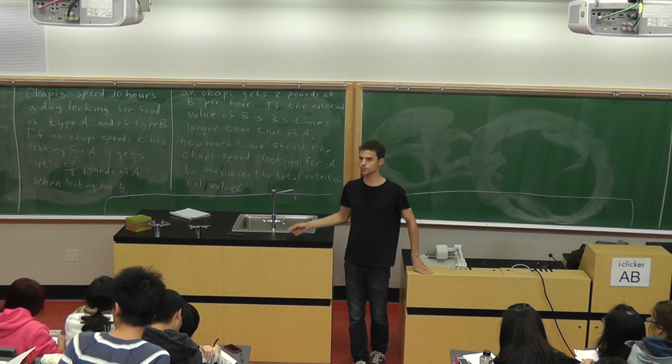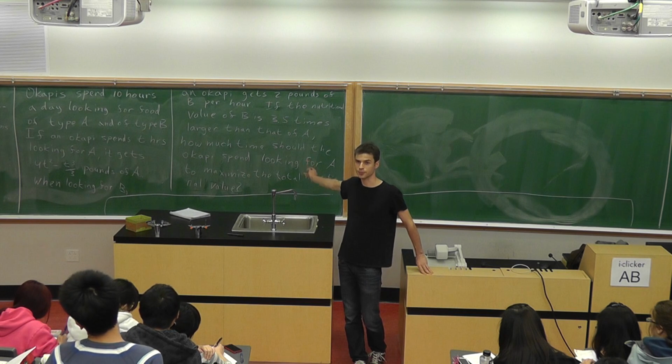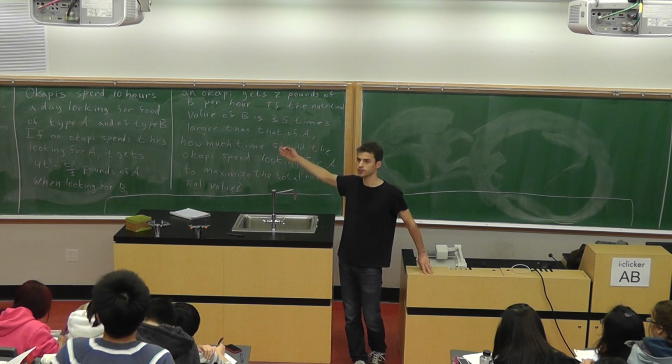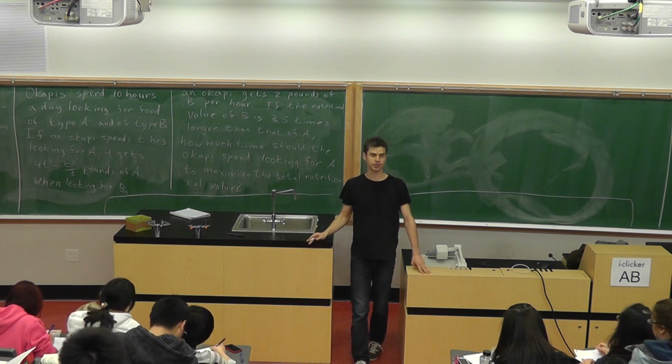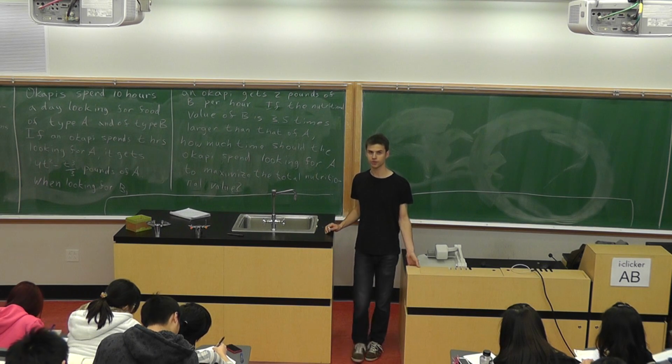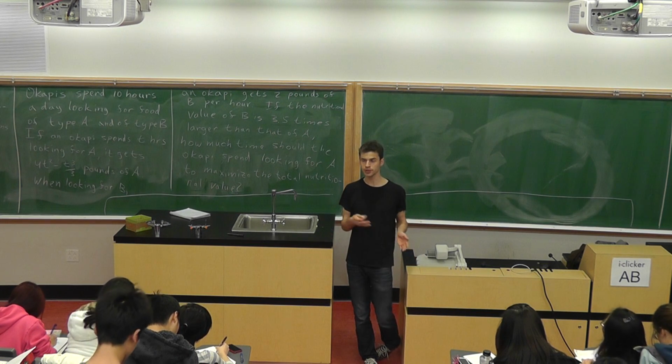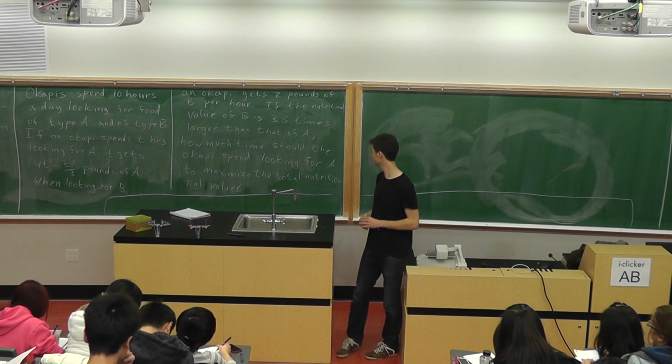First of all, this is an optimization problem. We want to maximize some quantity. And we are given that we can change some parameters, namely the strategy of the akapi, how many hours to spend for one type of food and for another one.